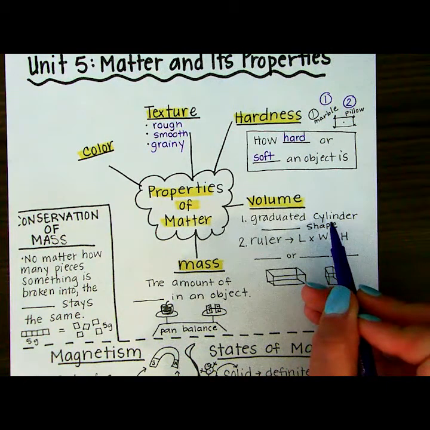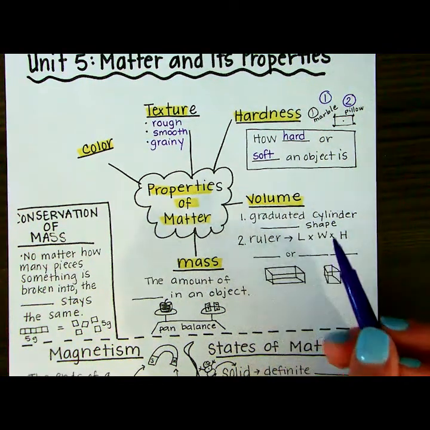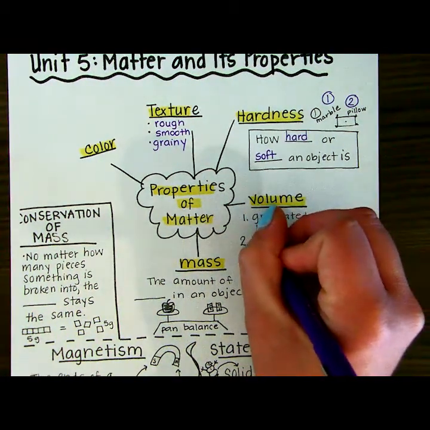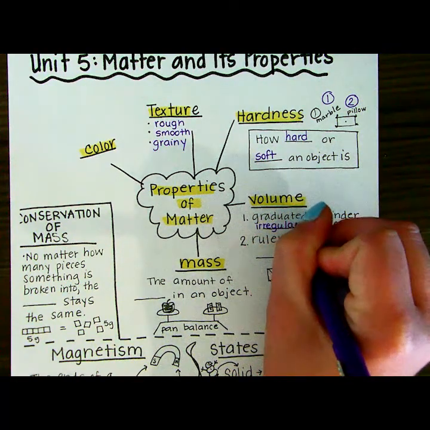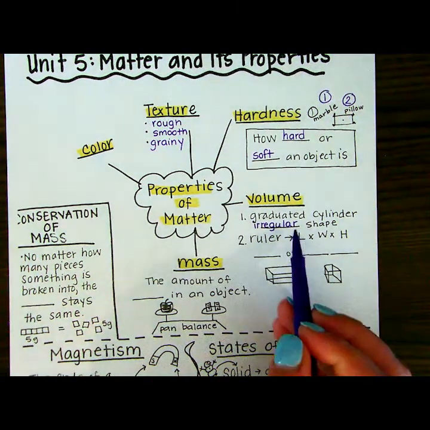We find first the amount of liquid that's in the graduated cylinder, add our object, and figure out how much that amount increased. That helps us find the volume of an irregular shape, maybe like a sphere. When we looked at it, they were trying to find the volume of an orange.